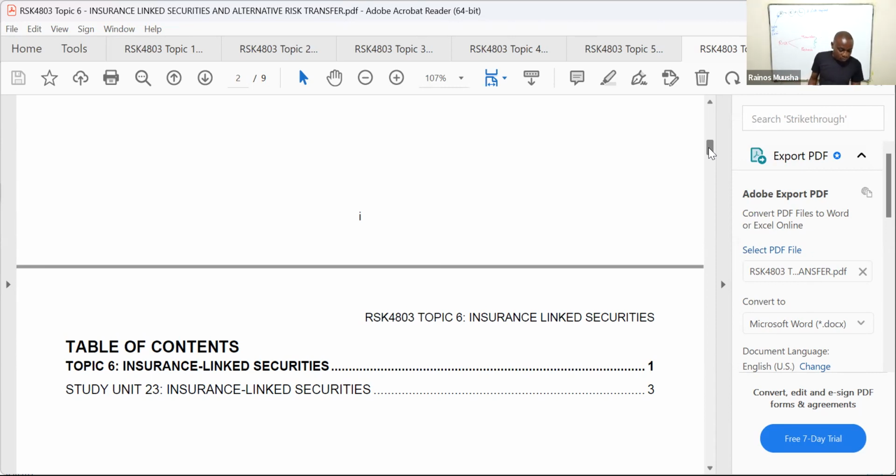But now, over time, you realize that when you look at the amount of the claims and the amount of money that the insurance companies have, in case of catastrophic events, insurance companies would be very, very exposed to a situation where they might not be able to what? To pay for these losses.